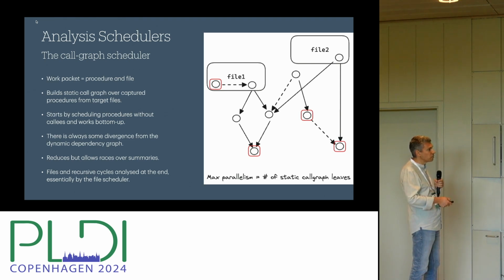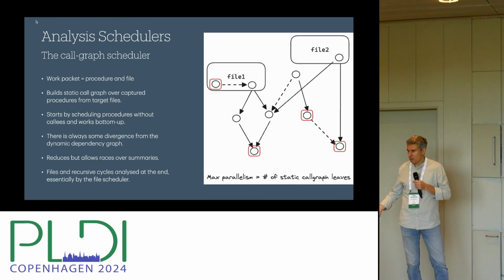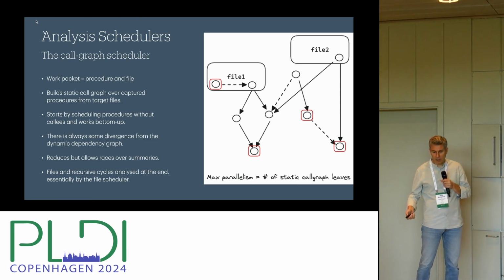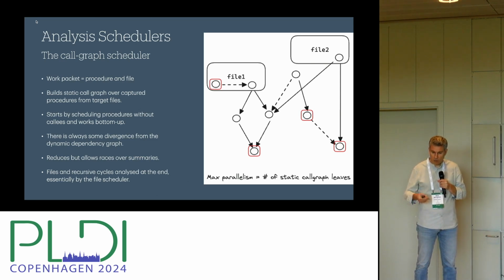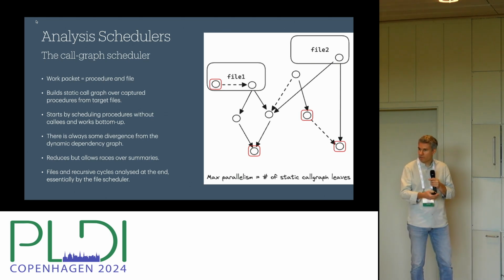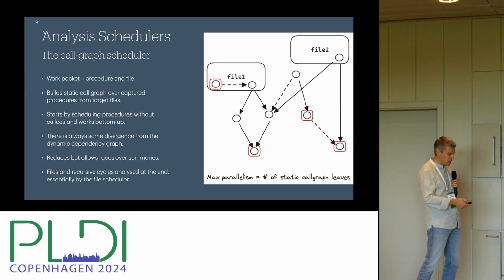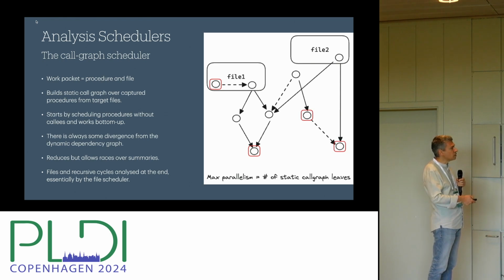We build the static call graph. And what is the static call graph? What I mean by static call is the calls that are non-virtual. They are explicitly in the CFG of each procedure. Okay, so we read those and we construct the static call graph.